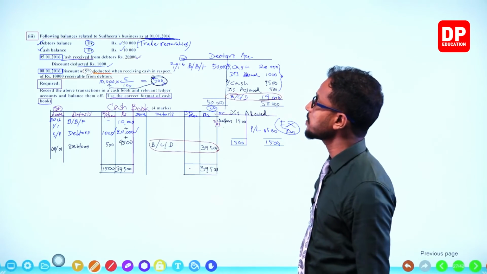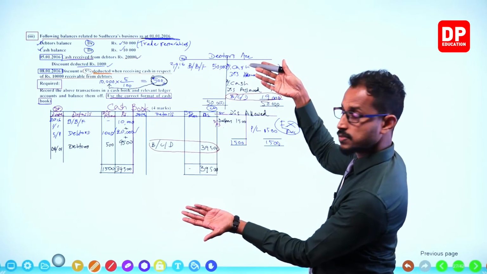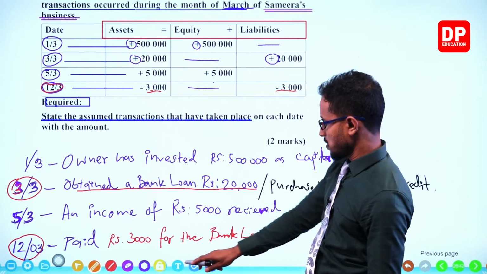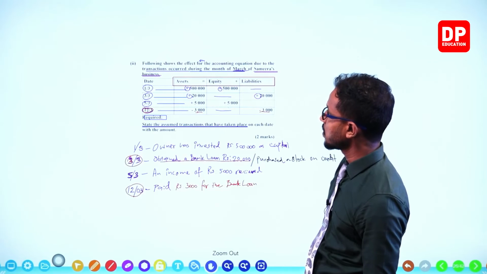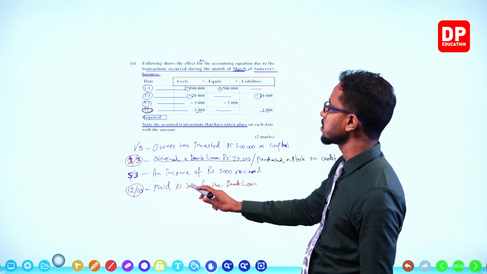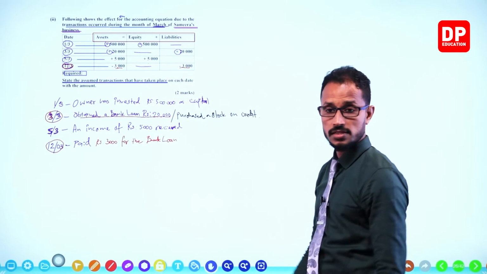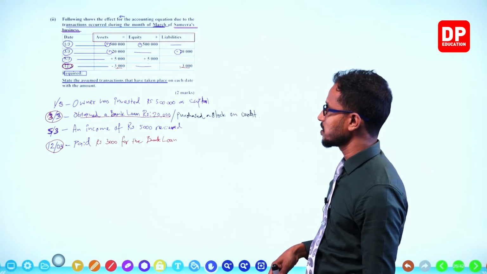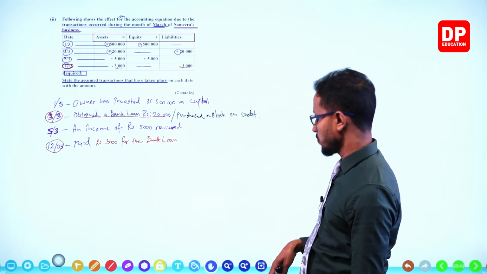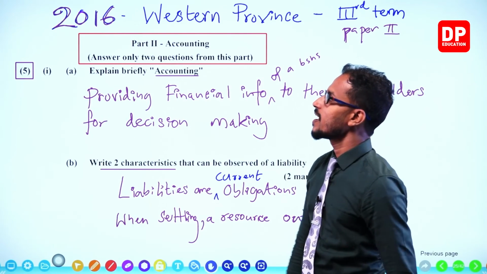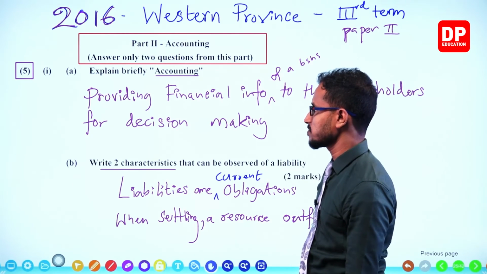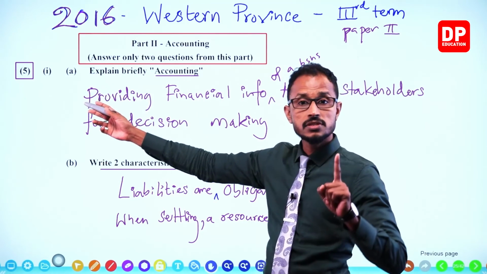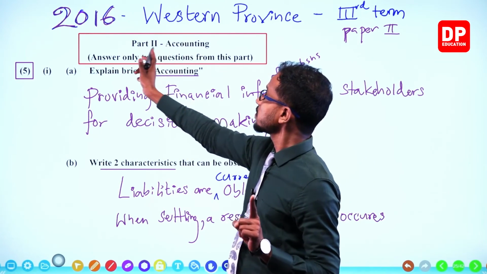Here we have the third part, and the second part. Zoom out and see all the figures. Beautiful. And the first part of the fifth question. So we finished the fifth question, the accounting questions.